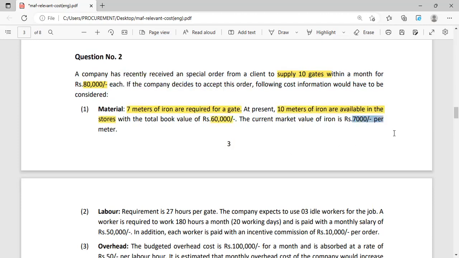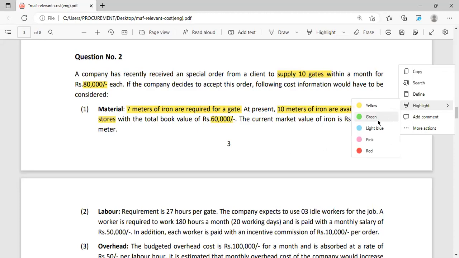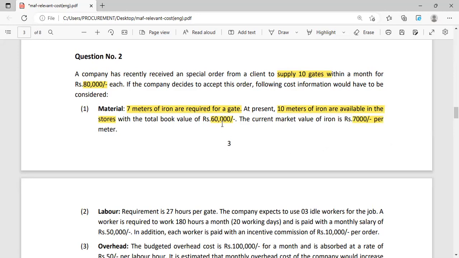So it means if you want to buy that iron now, you will buy it for 7,000 per one. So instead of 60,000, the current market value of that 10 meters of iron will be 10 times 7,000, which will give us 70,000 instead of 60,000. I believe we get that.